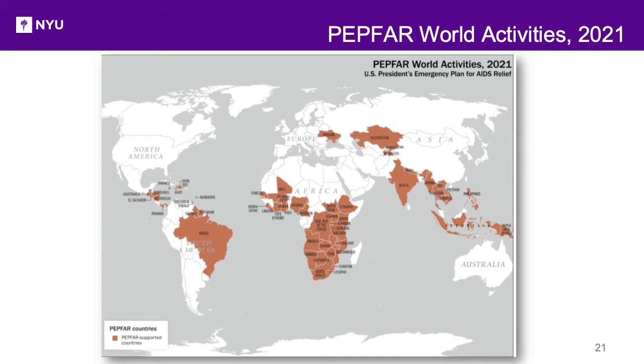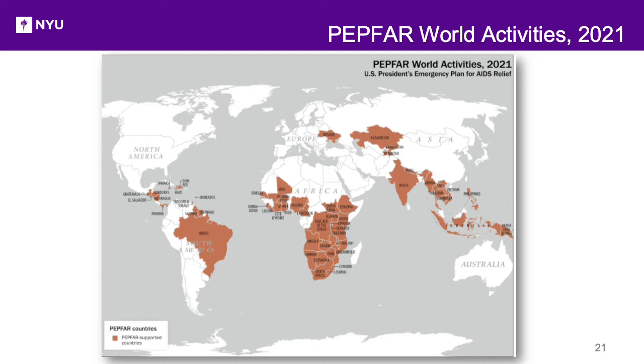PEPFAR stands for the President's Emergency Plan for AIDS Relief and is a program that is actually administered by the State Department, and it supports programs in all of these countries that are highlighted here, as you can see based on the 2021 diagram.